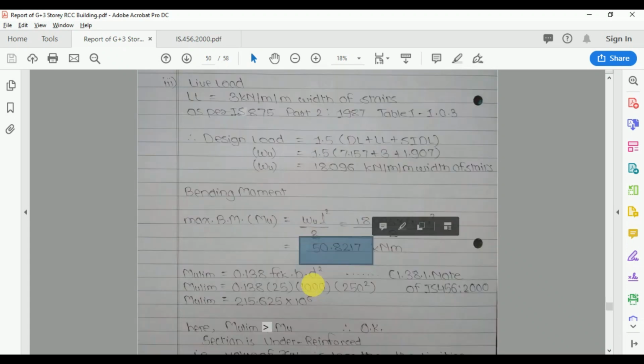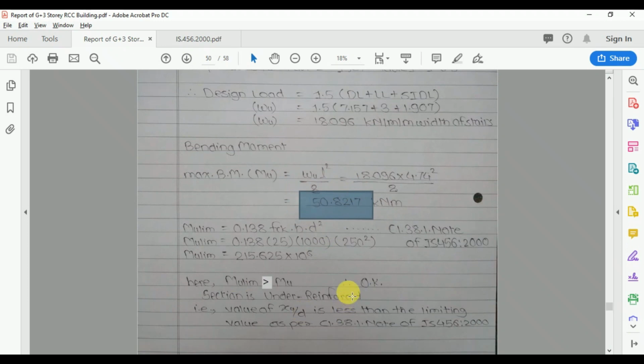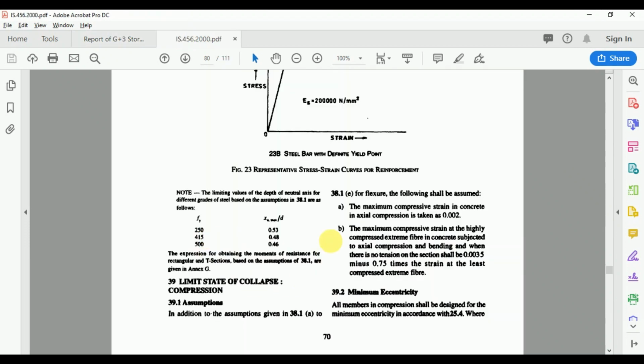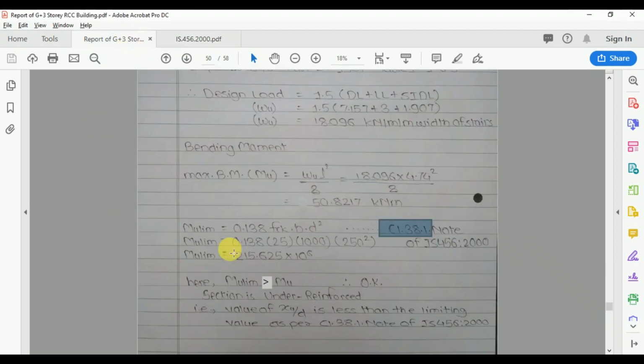So after getting the moment, we need to check whether our section is under reinforced, over reinforced or balanced section. As per the note provided under clause 38.1, with respect to the XU max by D values with respect to the grade of steel, we need to calculate the maximum limiting moment. For FE415, the MU limiting formula is 0.138 FCK BD square.